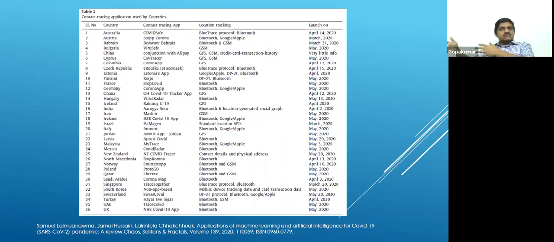Data like your call list and other things are also taken. All these are analyzed by the systems, and finally it can tell whether you have been in contact with a particular coronavirus patient, whether you are safe or not safe. This again is an application of ML, and how ML is helping in this particular way.